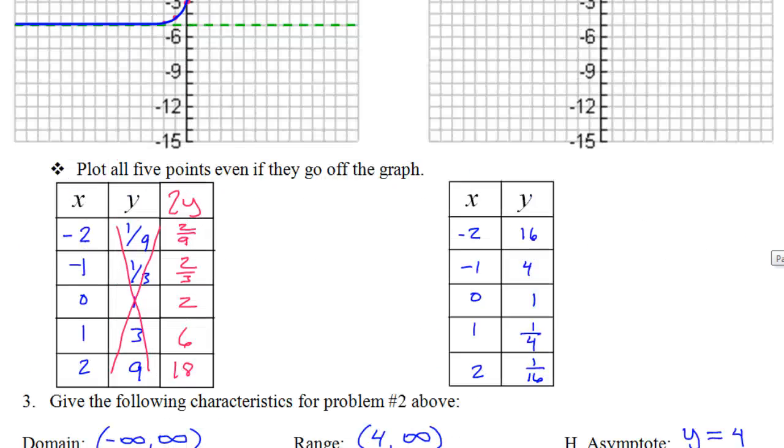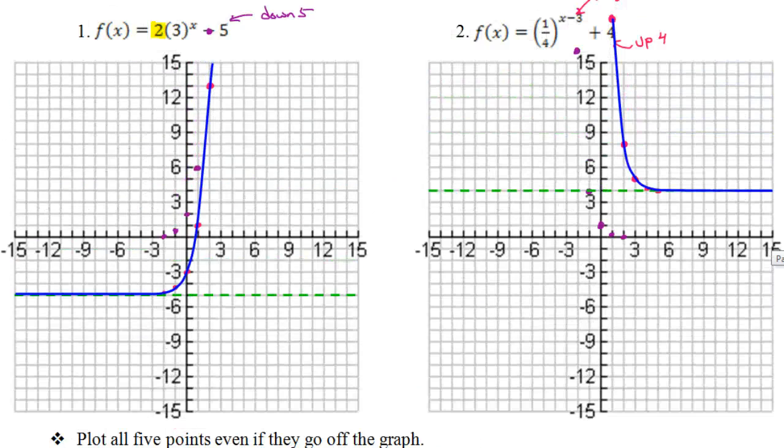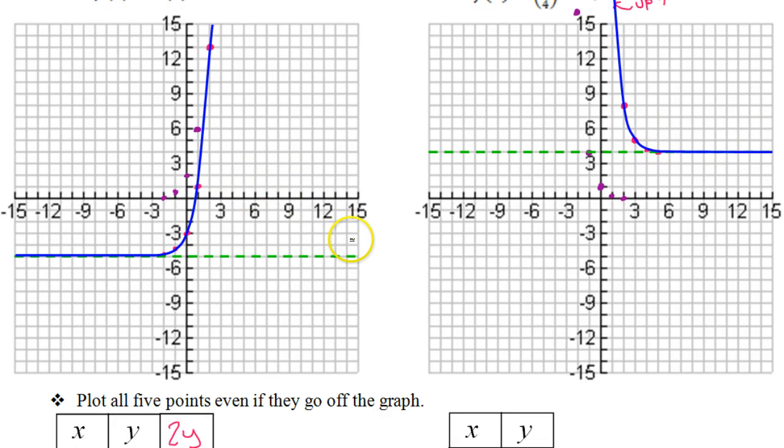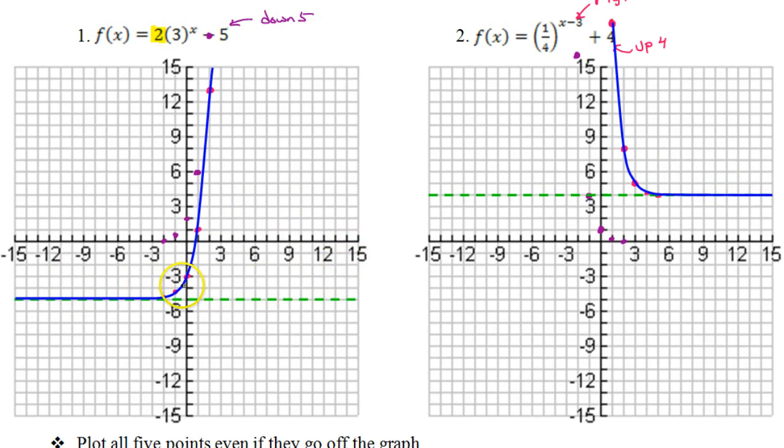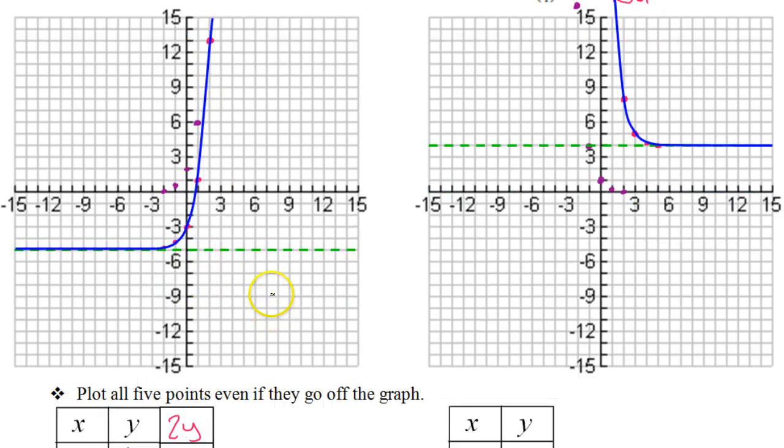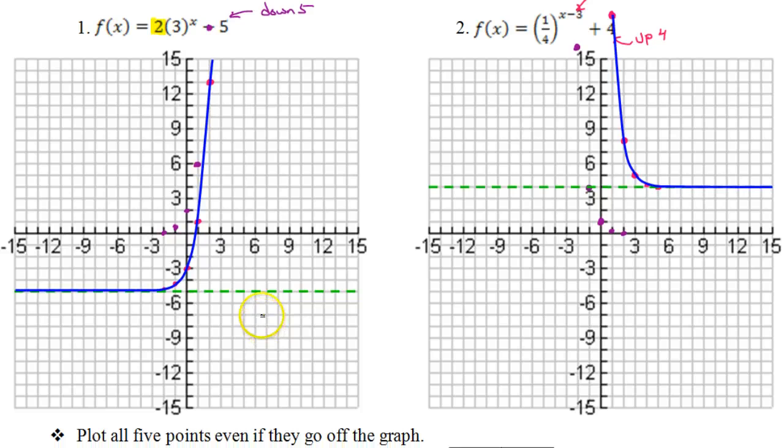let's look back at a problem that we did. Look at problem number 1, for example. The range of this function was -5 to infinity. I guess we didn't actually write it down, but the range was -5 to infinity because the range is the y values, and it went from the asymptote up.